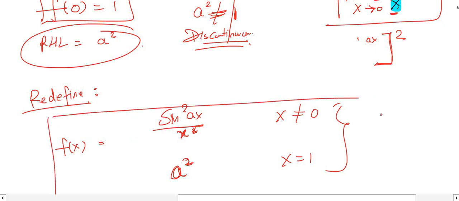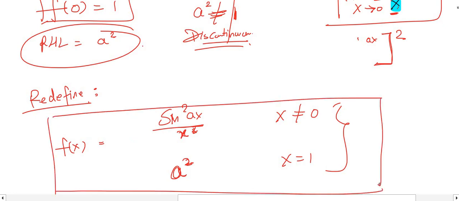So now this function will be continuous, because RHL will be equal to LHL will be equal to the function value at 0. This is how we can redefine it to make it continuous. Let's do the next question.